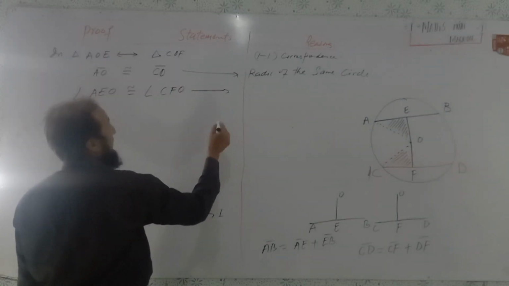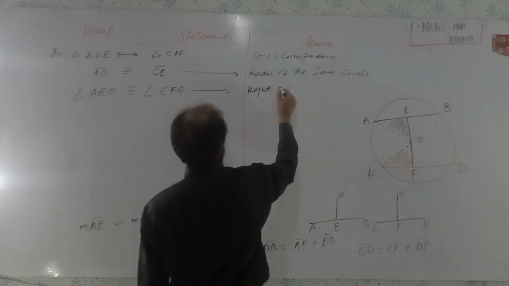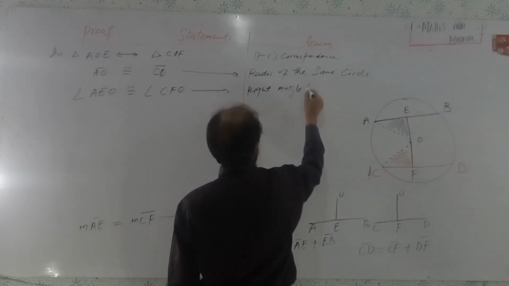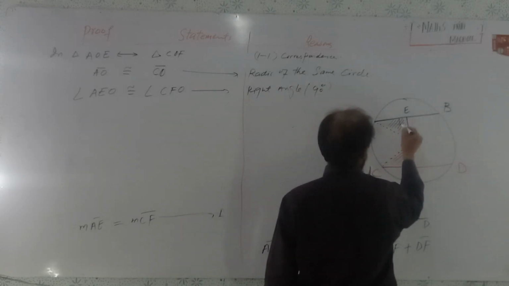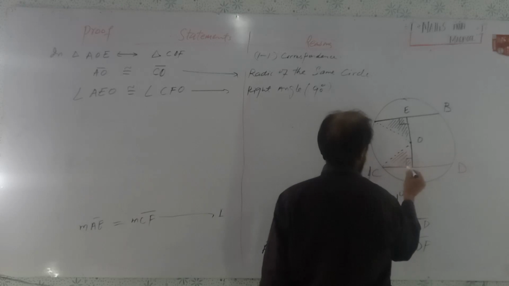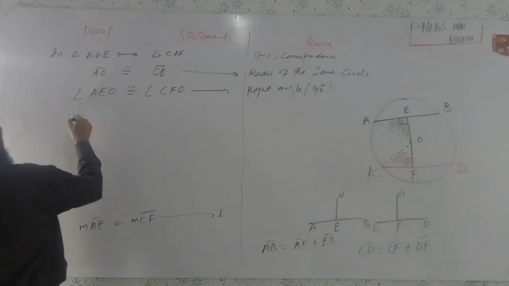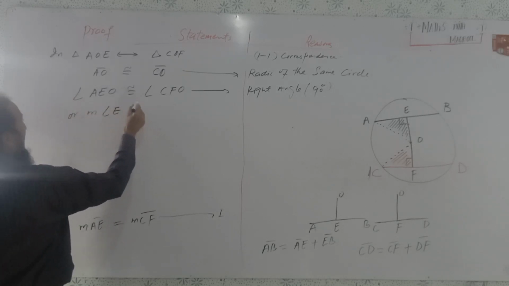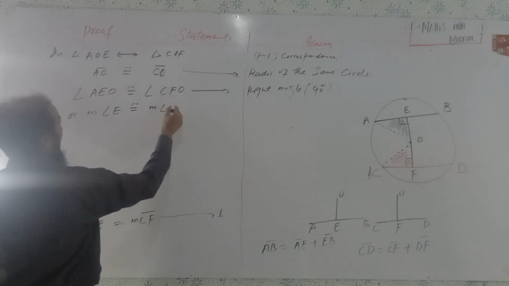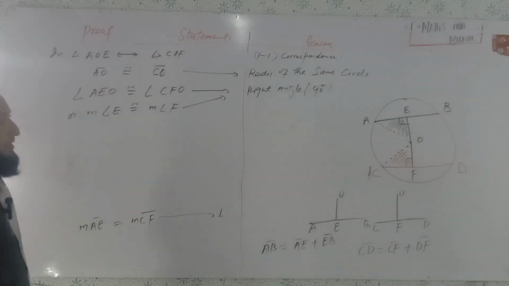This is a right angle, which means 90 degrees, and here is also 90 degrees. So measurement angle E is congruent to measurement angle F, and each is a right angle.